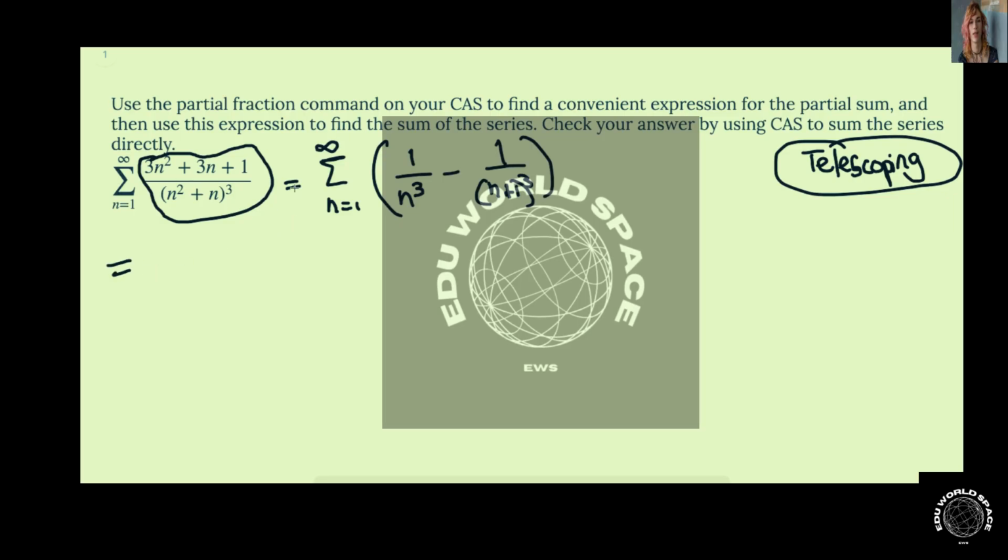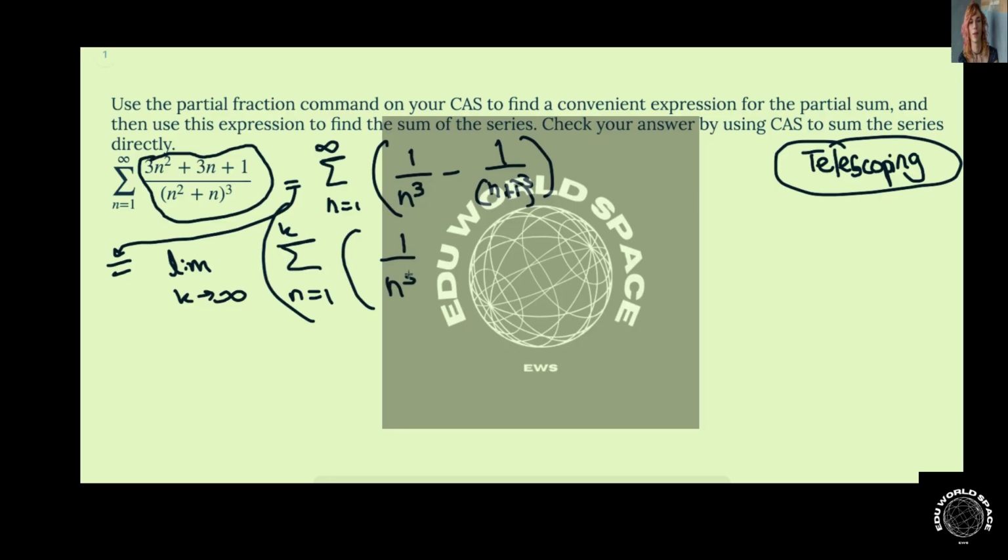So here we can rewrite this infinite sum as a limit, where now we're looking at a partial sum from 1 to k. So this, in the green, including the sigma, this is our s_k, our kth partial sum.